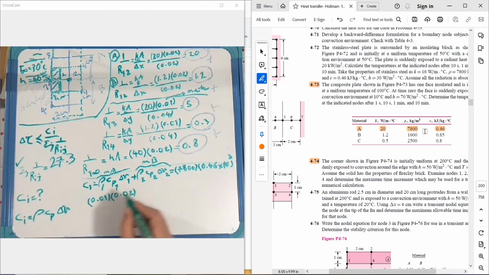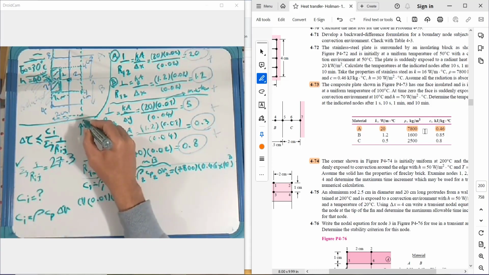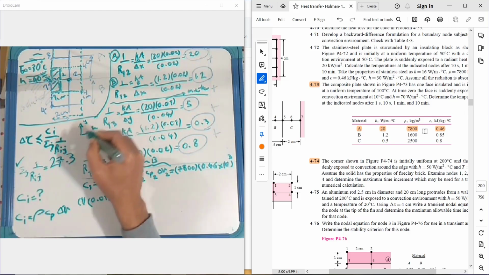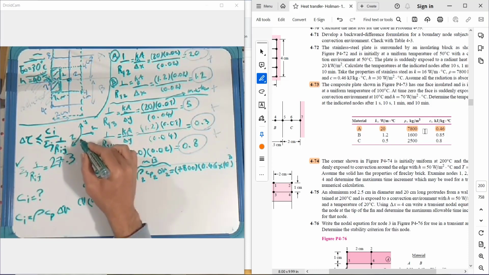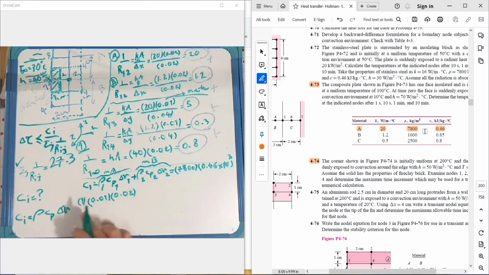This is volume, and of course we need a 1 here because this is the y-axis, this is the x-axis, and this is the z-axis, and we assume the value in the z-axis is 1. We don't need to write it. That was for material A.